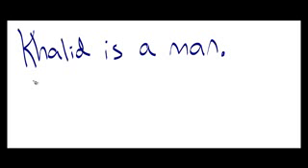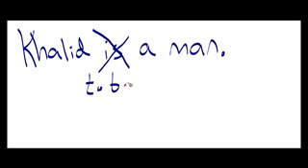Now to translate this English sentence into an Arabic one, the first thing we do is we get rid of the is. Because what's known as the verb to be in English, in Arabic it is quote unquote hidden, which means you can't see it. It's there, but you cannot see it in the actual Arabic language. And you'll understand when I write it now.